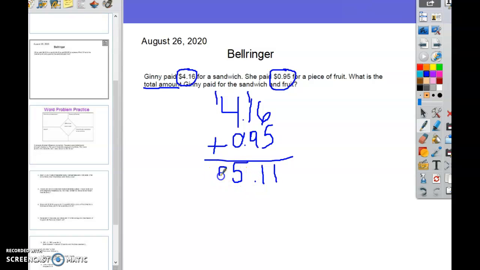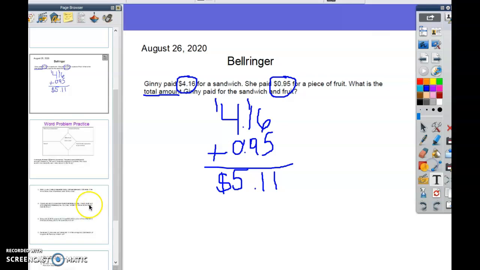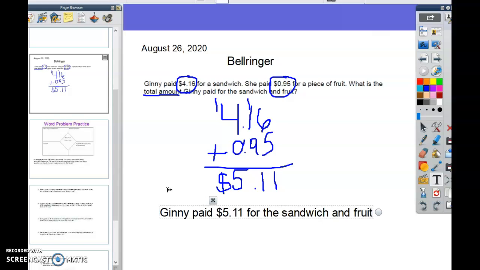So she paid $5.11. Jenny paid $5.11 for the sandwich and the fruit.